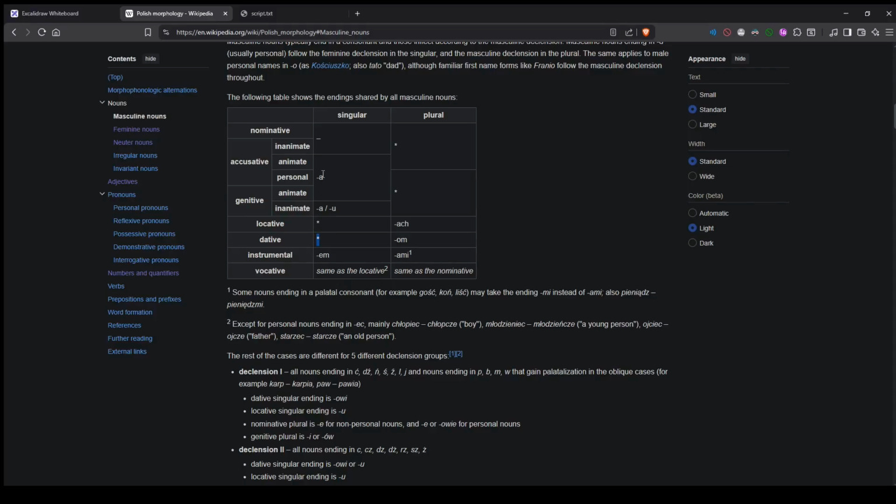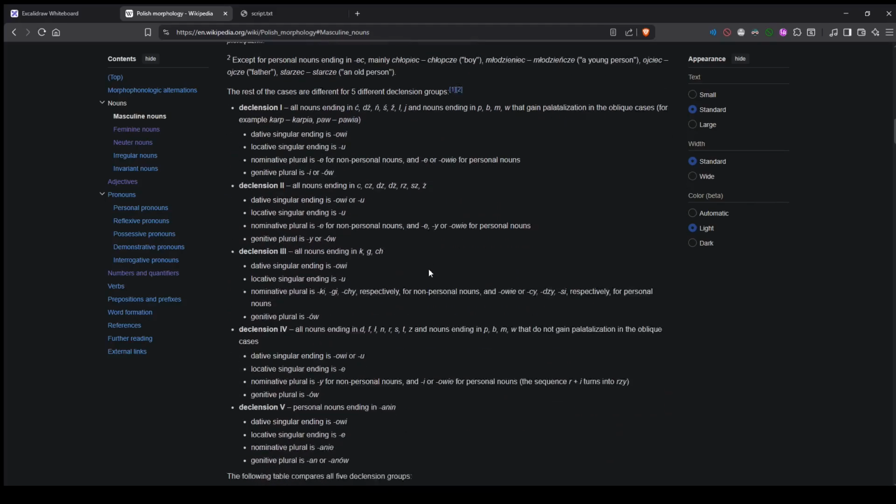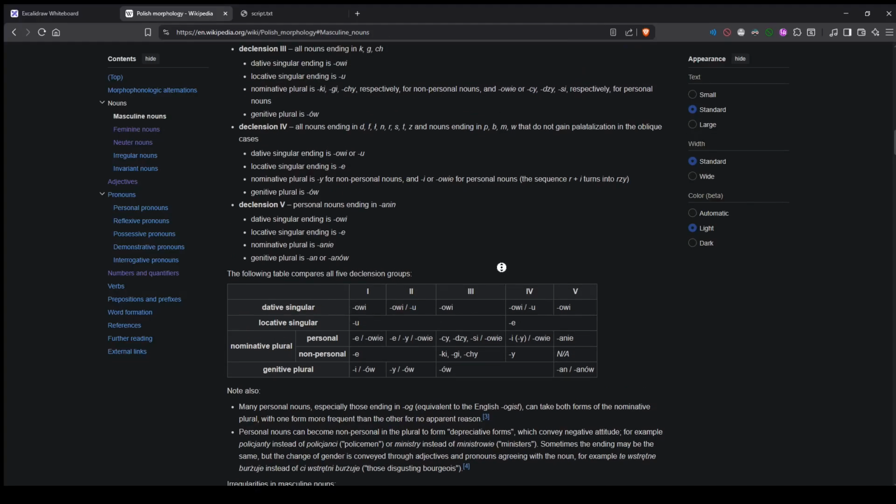So, masculine nouns in singular. There are 5 different groups, okay? And when you look at these 5 groups, dative singular, everywhere there is ovi present. So, no matter what, there is a possibility for a masculine noun that it will have the ovi ending. But for 2 groups, there is a possibility of having a u ending. So what are these groups?